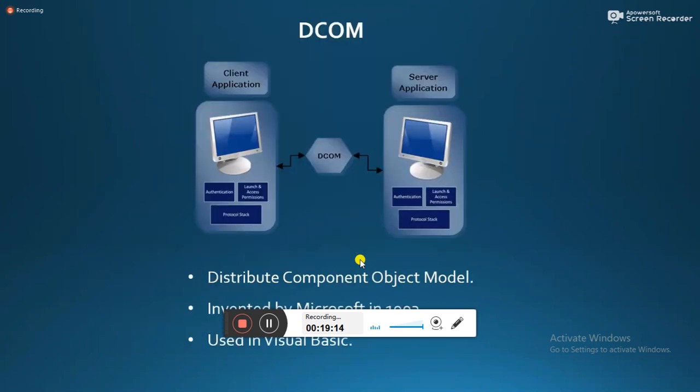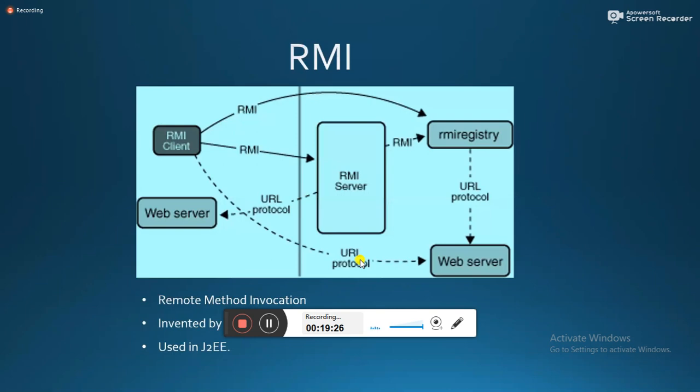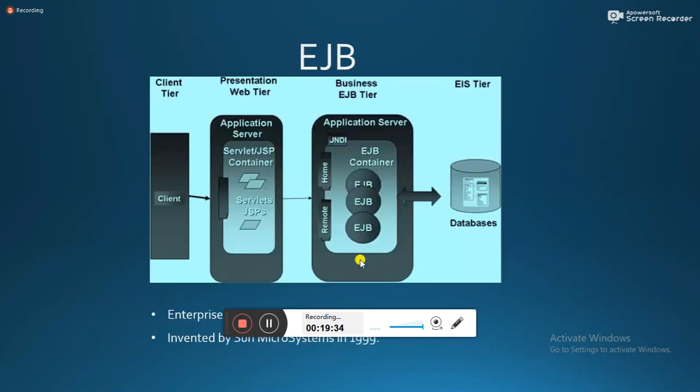DCOM, Distributed Component Object Model, was invented in 1993 by Microsoft, and it is used in Visual Basic. RMI, Remote Method Invocation, was invented by Sun Microsystems, and it is used in J2EE. EJB, Enterprise Java Beans, was also invented in 1999 by Sun Microsystems.